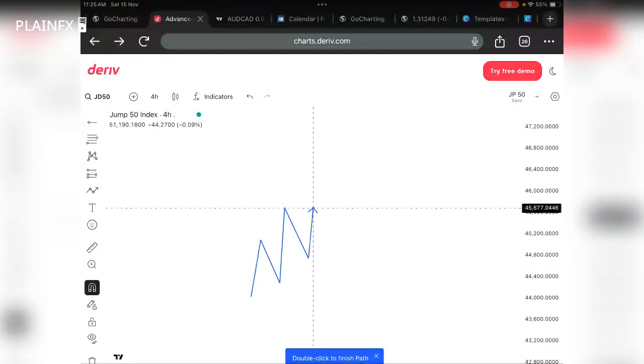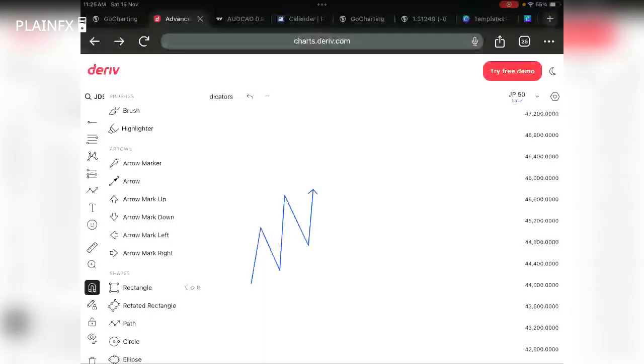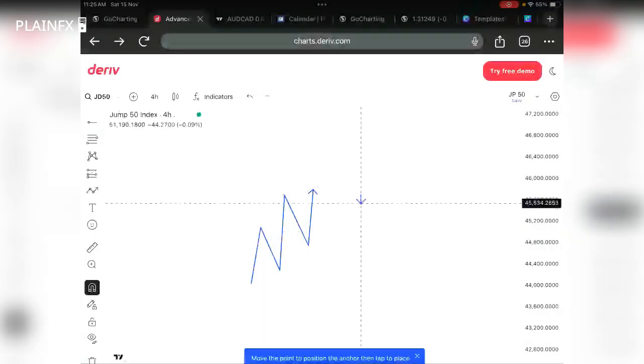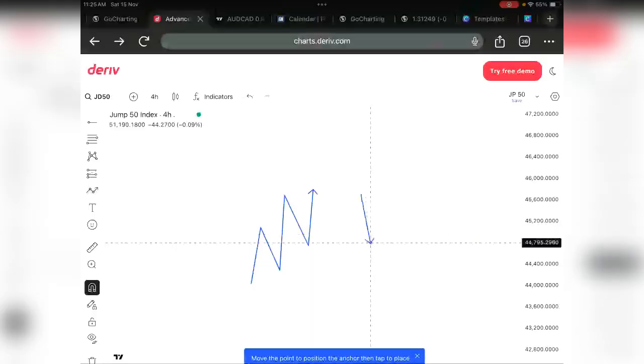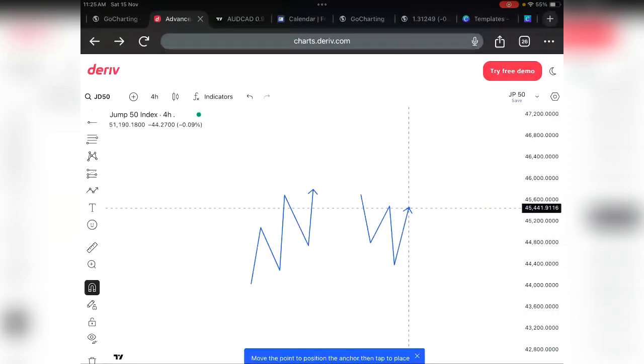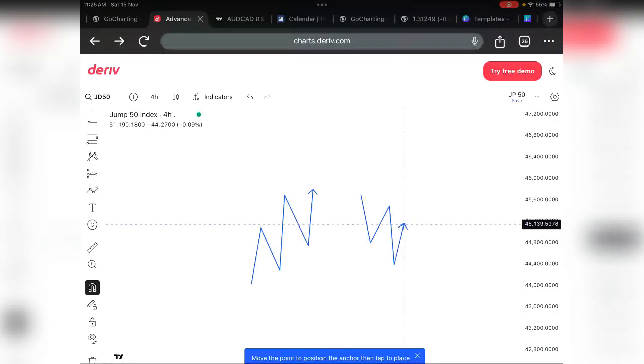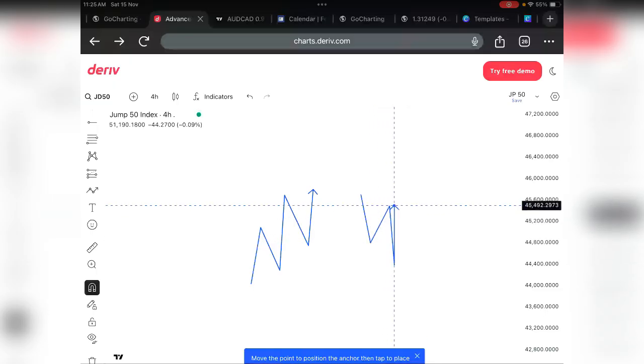Then second, you have to identify if we are in a bearish trend, that is a downtrend, where price is creating lower highs and lower lows.